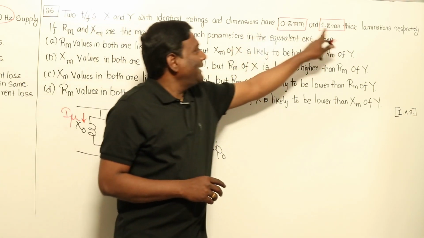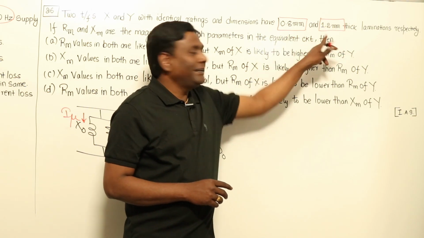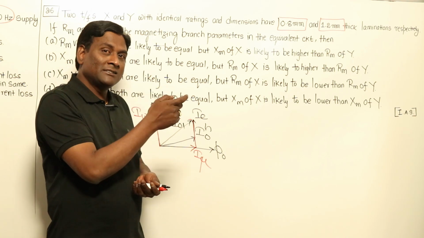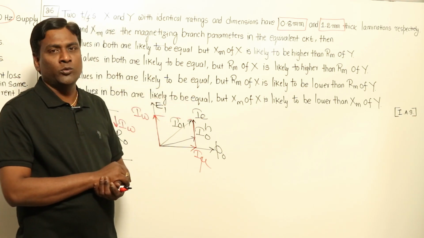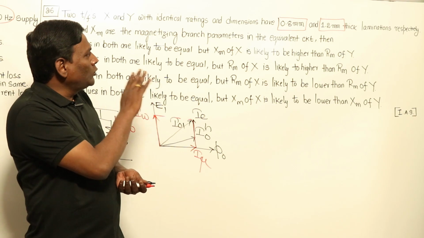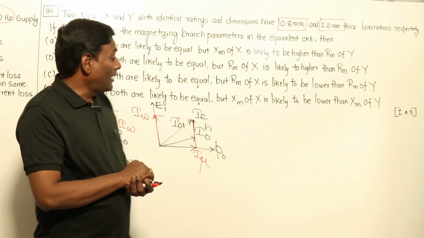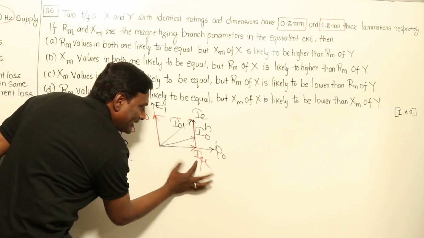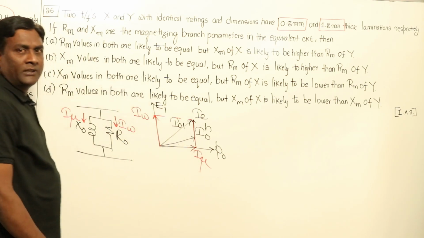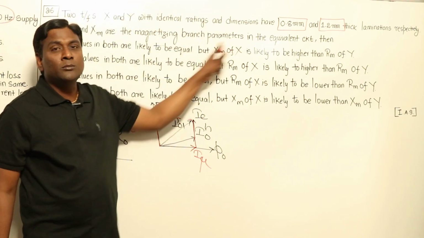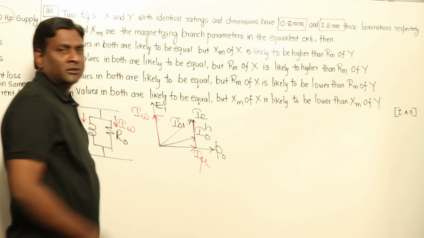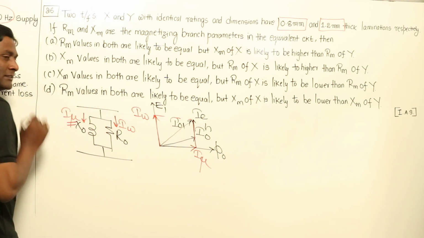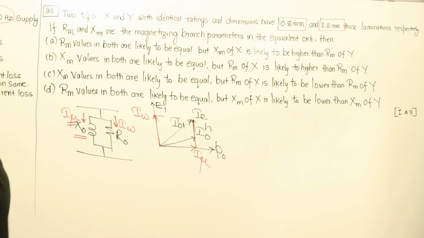His focus is only eddy current. So when the thickness of laminations is increased from 0.8 mm to 1.2 mm, eddy current losses will have to increase, but there is no effect on hysteresis. Depending upon hysteresis only, the magnetizing component of current will be decided, and hysteresis is not disturbed here, so I mu will not be disturbed. So I mu should be the same, which means X naught also will become constant.